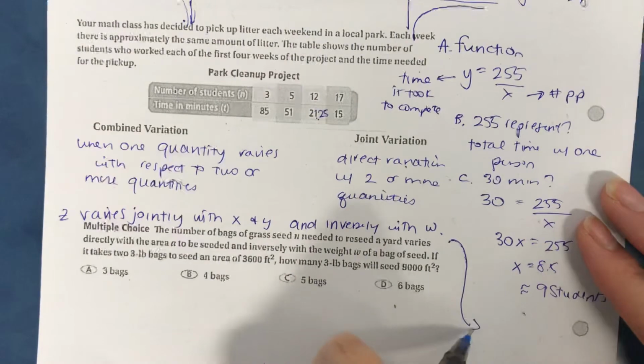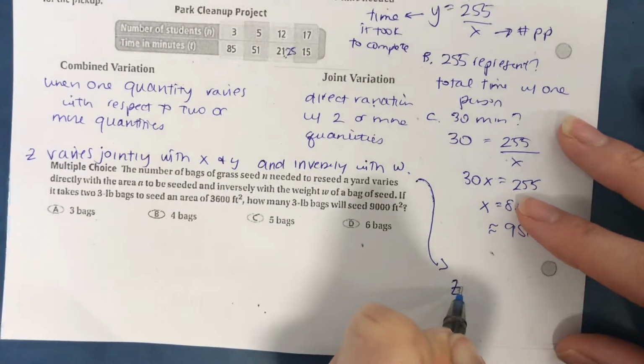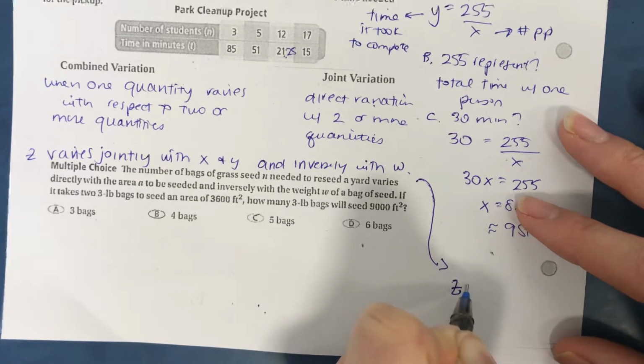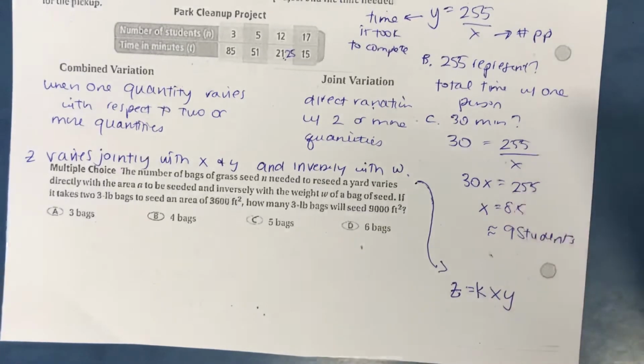So let's just go down here a little bit. Not much room, sorry. So Z varies jointly with X and Y. So that means direct variation. So Z equals XY with our constant of variation.